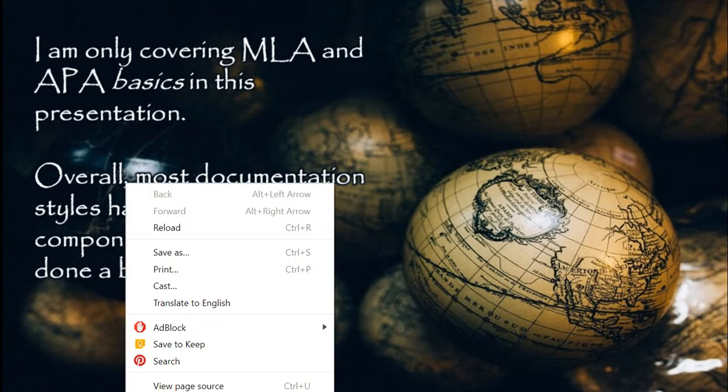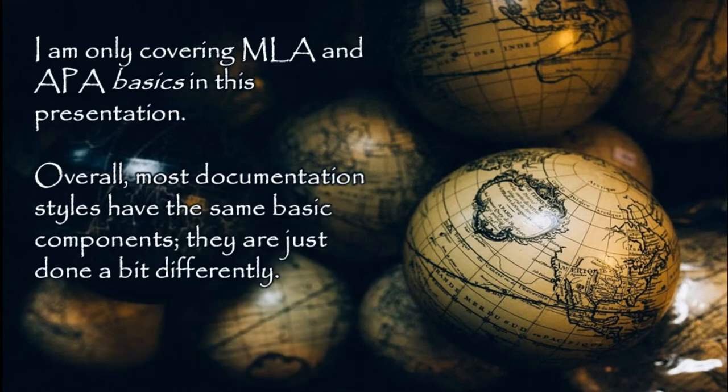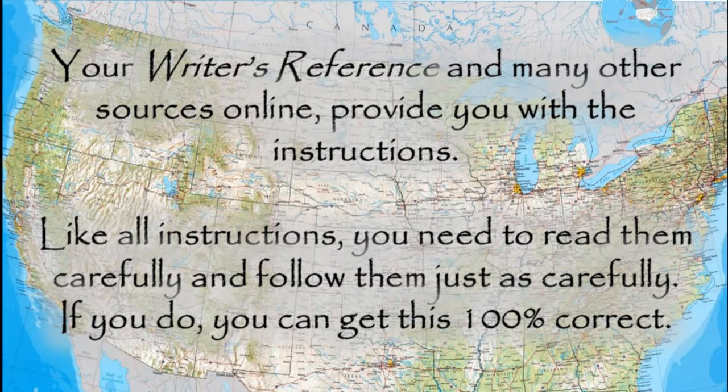Okay, we're just covering APA and MLA here. That's all we're looking at. If you are doing Chicago, our writer's reference does cover it. So if you have a history class, once you learn how to do one, it's easier to learn how to do the others. It is stop and read instructions. That's all it is. Read them carefully, and you can get this 100% all the time, and that's what's important.